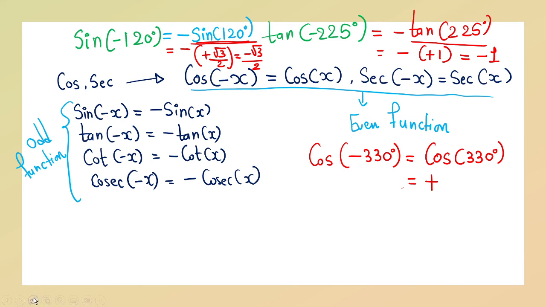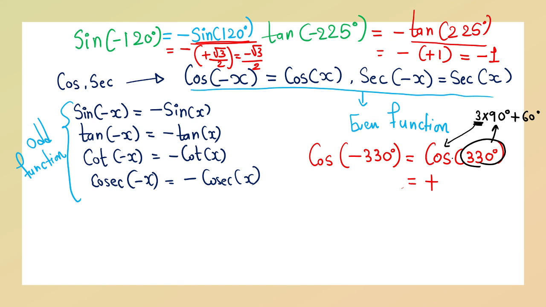Now, this 330 could be written as what? This 330 could be written as 3 times 90 degree, that is 270, plus 60 degree. Right? Since over here I have an odd number, q is odd.